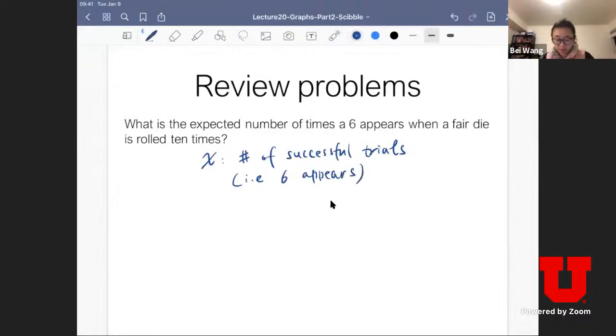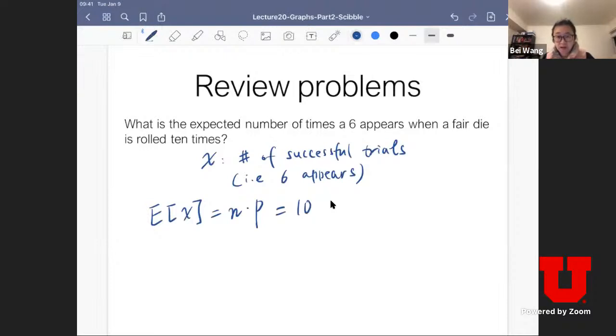Now remember, the equation for computing expectation for a random variable is n times p, where n is the number of times I'm going to roll the dice, which is equal to 10, and p is the probability I'm going to get a number 6.